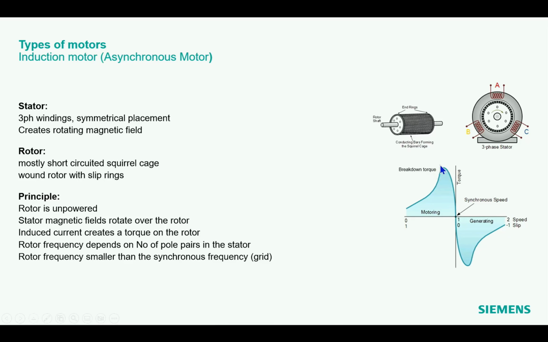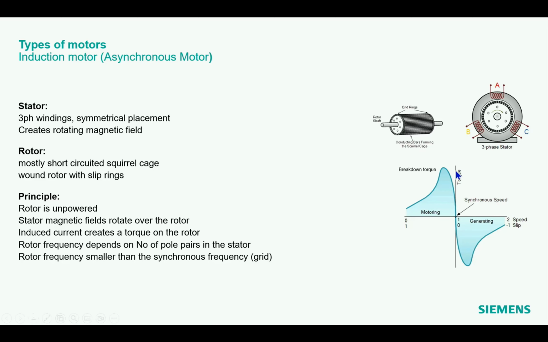This is also called the breakdown torque, and then it goes down with a negative inclination to the synchronous speed point. As already mentioned, we do not normally reach that speed point because the rotor needs some power to compensate its own losses. And if a machine is connected, also to drive the machine, so the speed is slower.